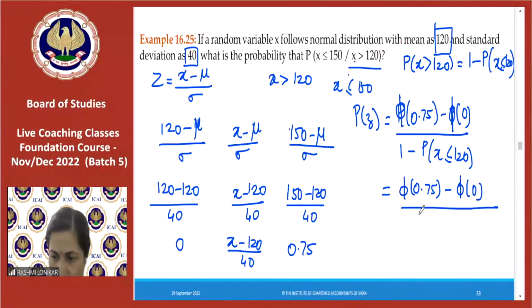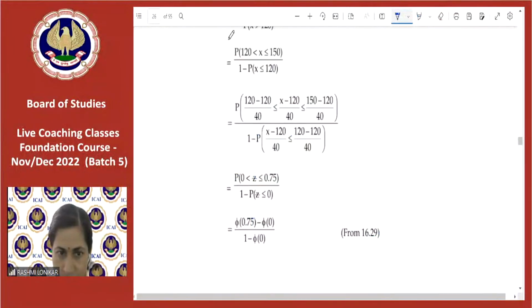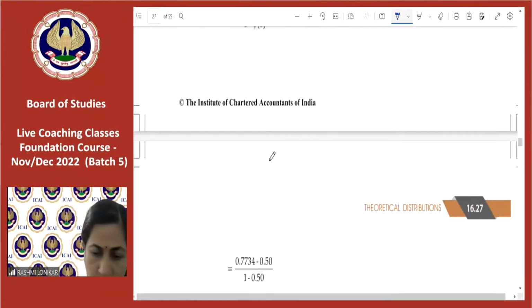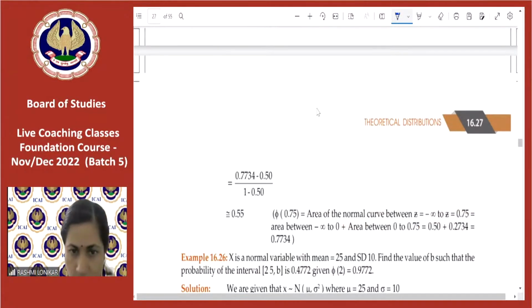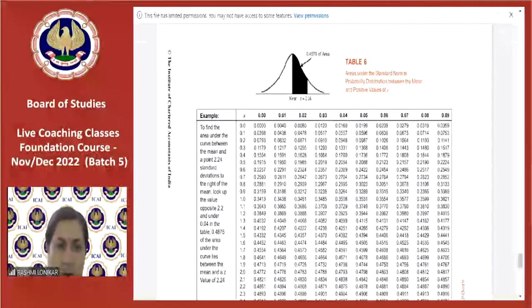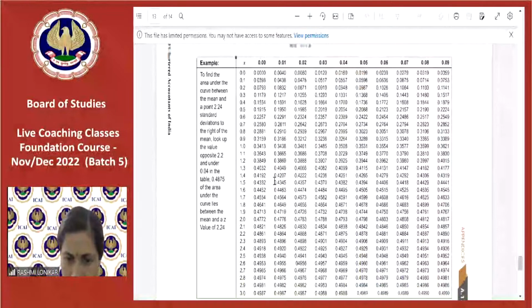Because 120 minus 120 is 0, and 0 upon 40 will be 0. Now where is your table? Now we want to find 0.75.